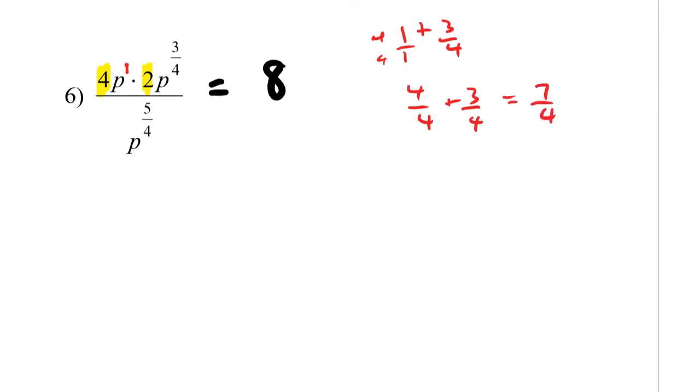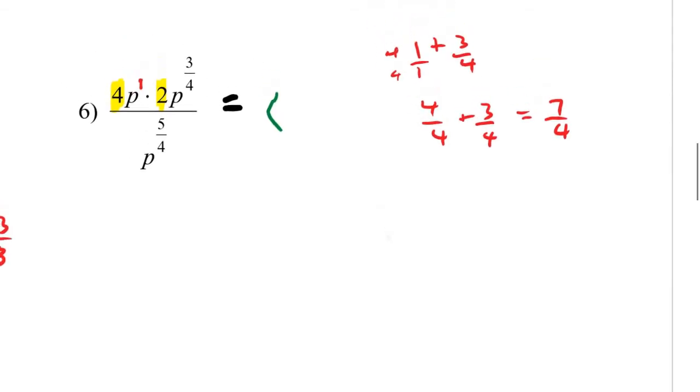So the numerator alone is going to be 8, and then P to the power of 7/4. That pen seems to be too big. I rewrite it as 8 P to the power of 7/4 divided by P to the power of 5/4.